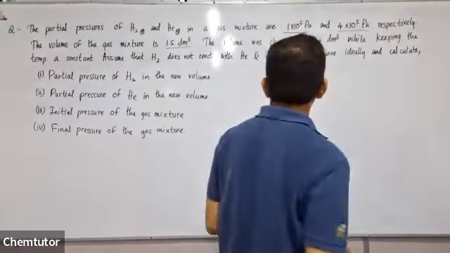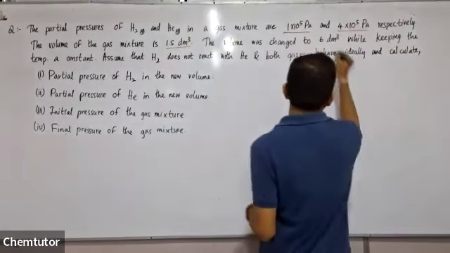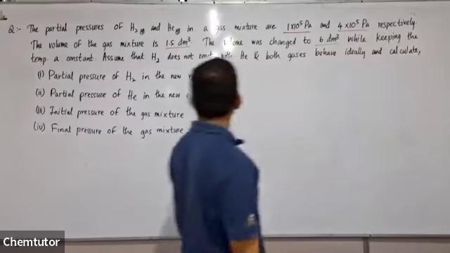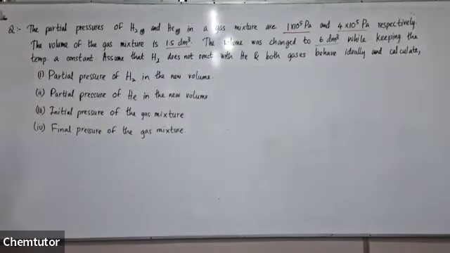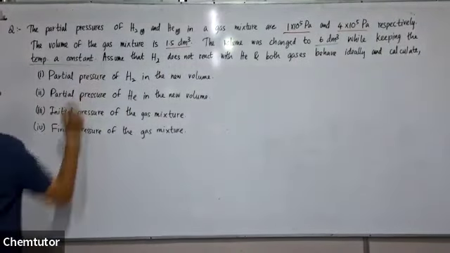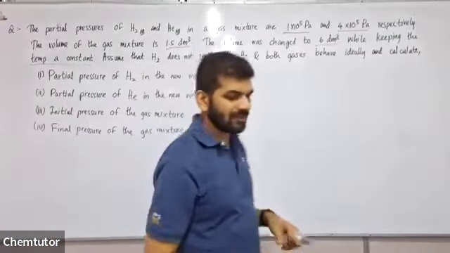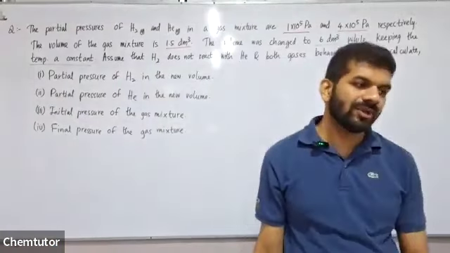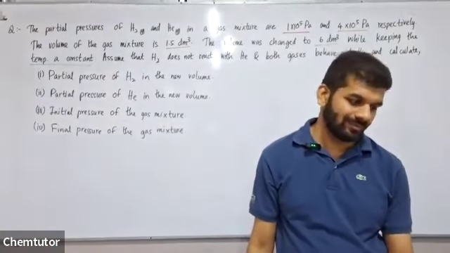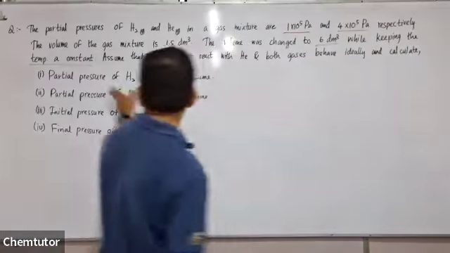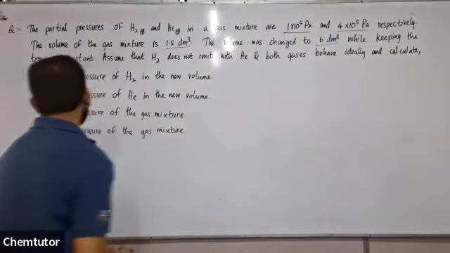In the second case, the volume was changed to 6 while keeping the temperature constant. At constant temperature, the relationship between pressure and volume is Boyle's law. So for the first one, we can apply Boyle's law.